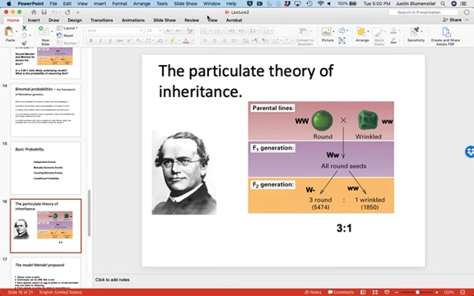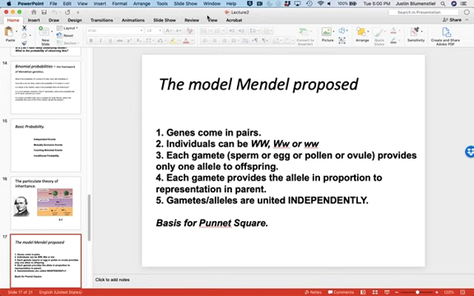By doing that, what he really did is he proposed a model. This is the model that Mendel proposed. 1, he proposed that genes come in pairs, so he sort of found out what diploid was, even before any cytology. 2, he figured out, and this is my designation, big W, you could use R if you wanted, that individuals can either be big W big W, big W little w, or little w little w. 3, each gamete, which in his case is pollen or ovules, but it could be sperm or egg, provides only one allele to the offspring.